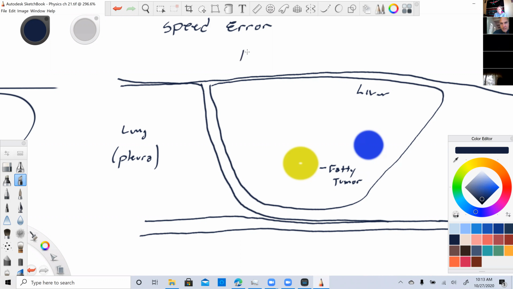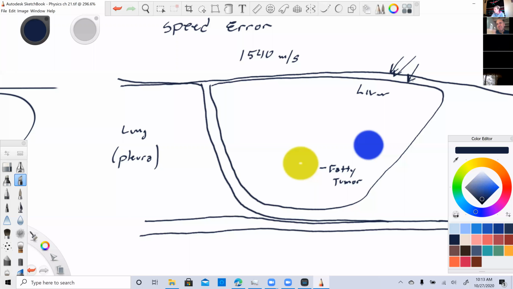Speed of sound is 1540 meters per second, right? That's what we always, always, always have to assume. So what if we violate that rule? Let's say we go through the skin, the subcutaneous fat, and then get to the liver.